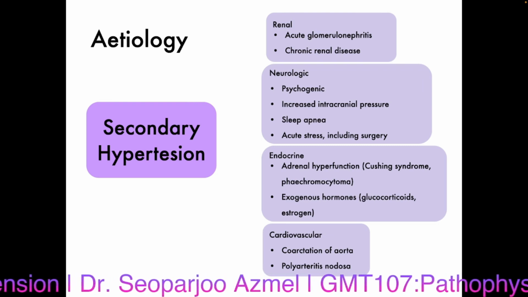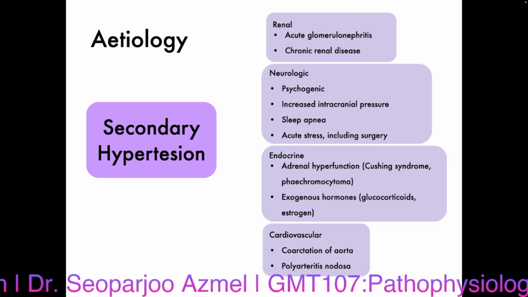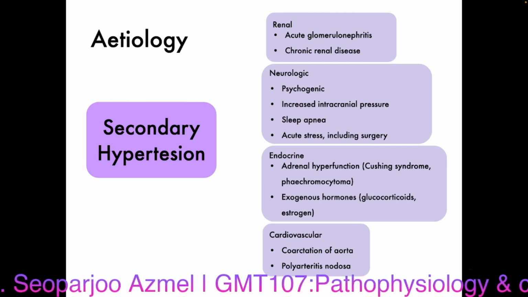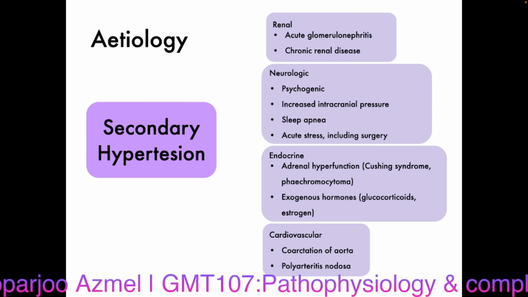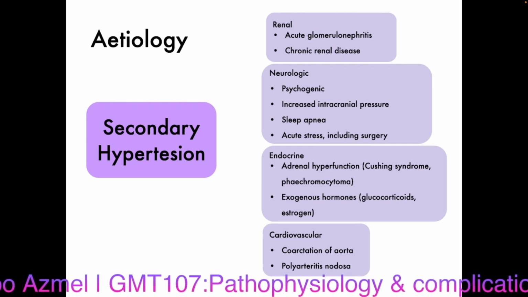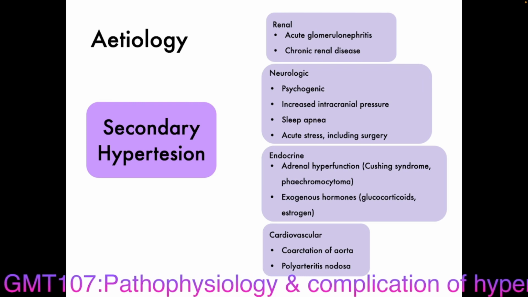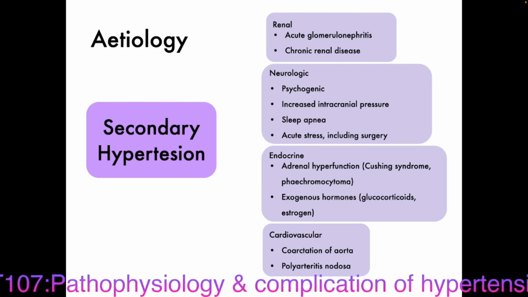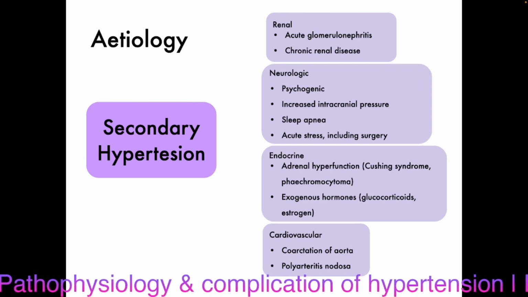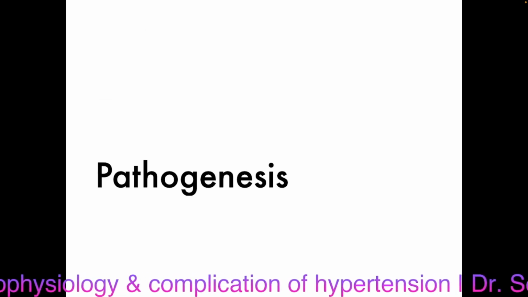Next are cardiovascular problems, for example coarctation of the aorta, which increases the total peripheral resistance of the blood vessels, so this will eventually increase the blood pressure in the body and cause hypertension.